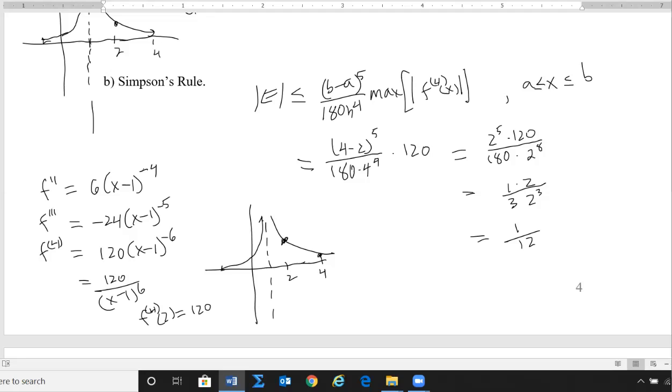So your answer will be within 1/12 of the actual answer. That's what that tells us. Plus or minus 1/12 of the actual answer.